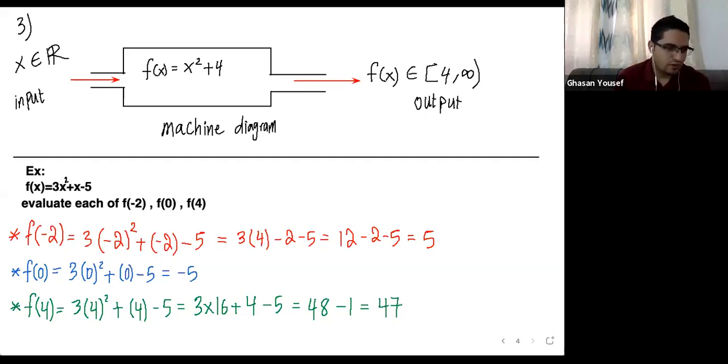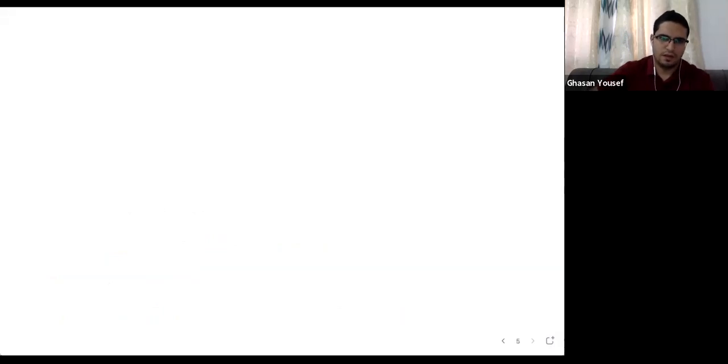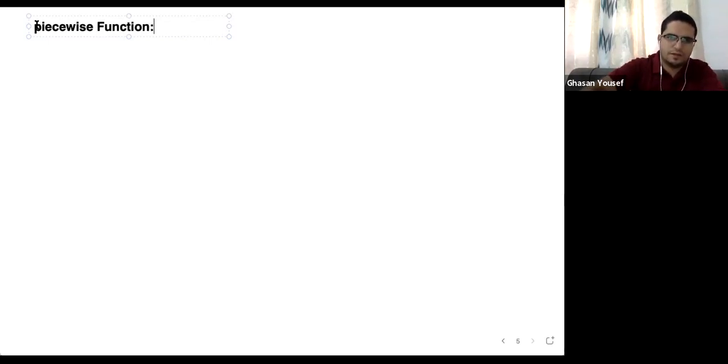Now we're going over piecewise functions. Now we have a different kind of function called piecewise. A piecewise function is a function defined with two rules.